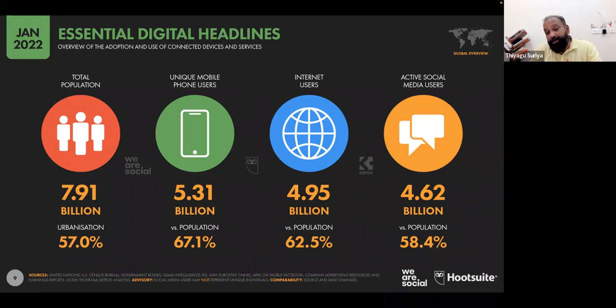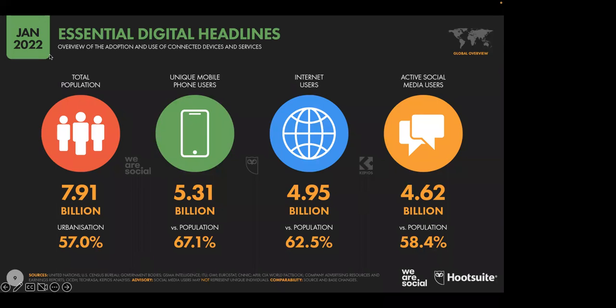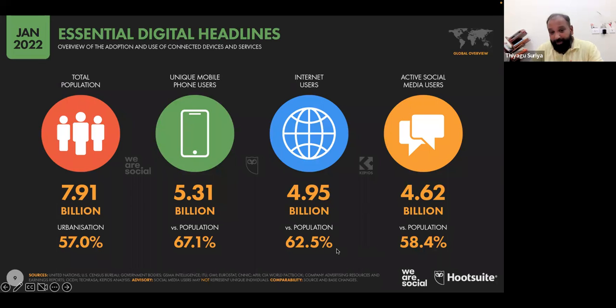This report is based on 2021 up to December, and it was published in January 2022. Very soon we will get the 2022 report in January 2023. I'm waiting for this report.